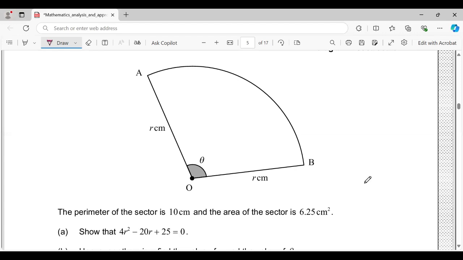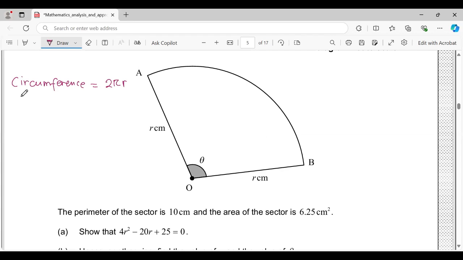Okay. The circumference of a circle is 2 pi r if in radians.